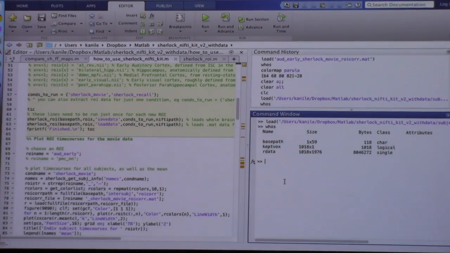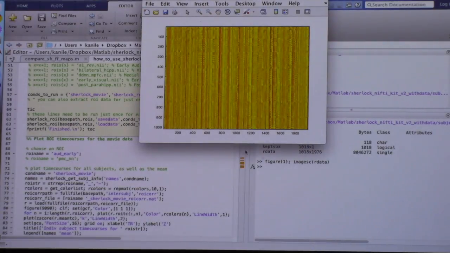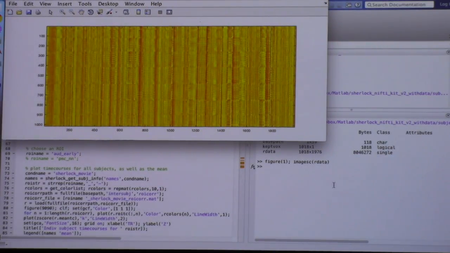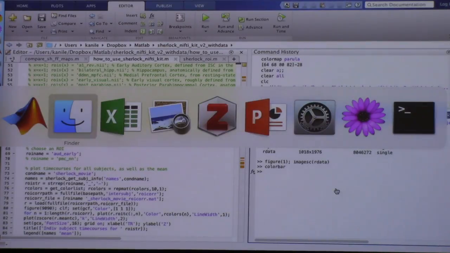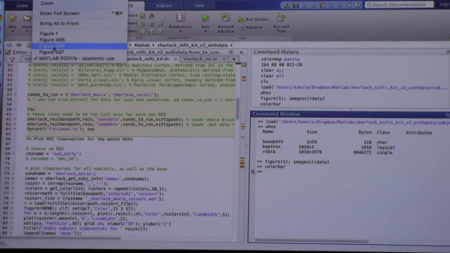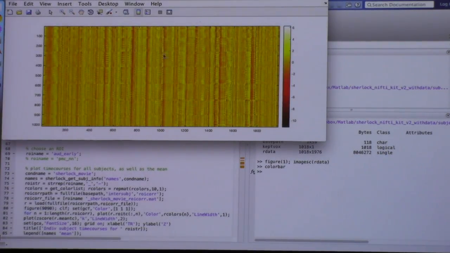Okay, and we can just look at what's in the ROI data here for auditory cortex. You can see that it looks kind of blocky, in rows, because of the way that the three-dimensional ROI was unwrapped into this two-dimensional plot, the y-axis here.